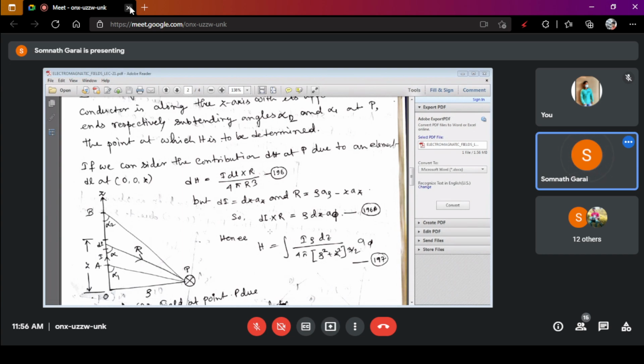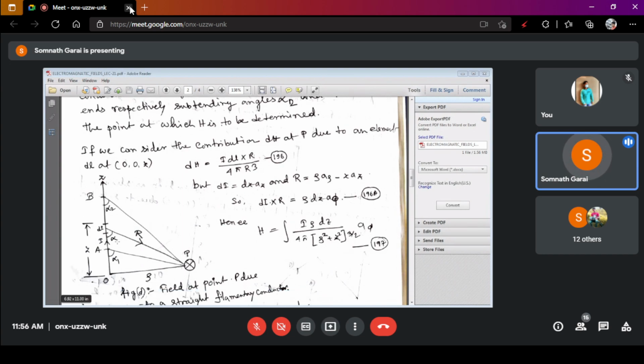Now we express the value of r. This r vector we can represent by rho a_rho minus z a_z. If we travel from this point to this point, first we travel in this direction according to this line.